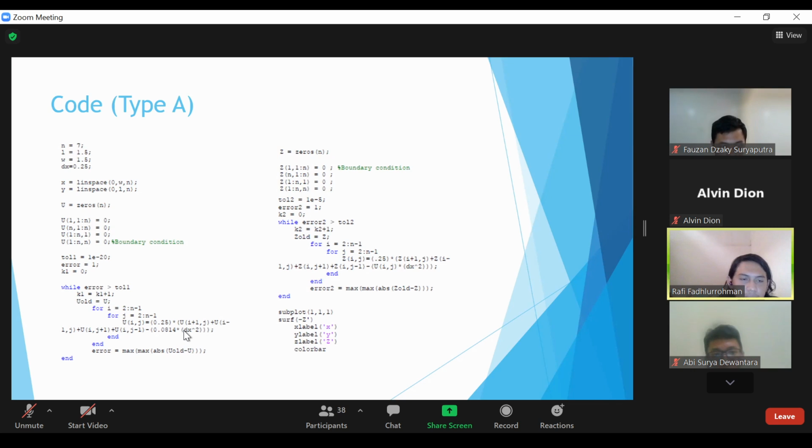With the same method, we define the matrix of the z, which is an n by n matrix, and we define the boundary condition, and we set the tol and error, and the operation for the u is the same as for the u earlier.